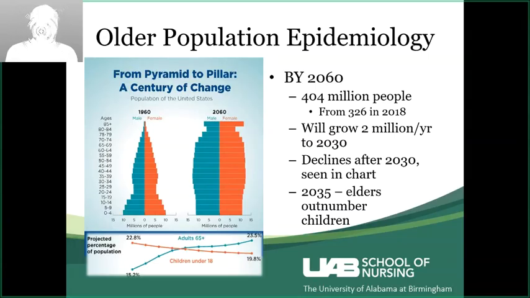Bottom line is, in 60, most people did not live past 85. They're predicting in 2060, however, that the population is going to grow and it's going to cross the 400 million threshold, up from 326 million. So on average, it's going to grow by 2.3 million a year until about 2030, 10 years from now, and then it's going to level off at 1.9.